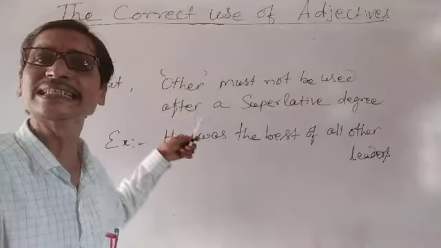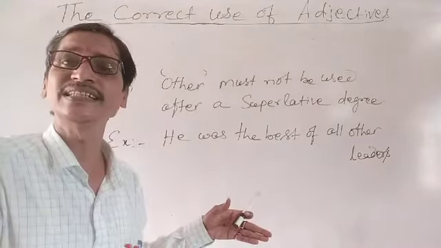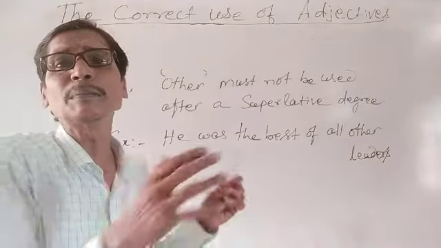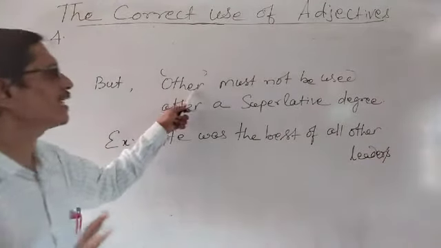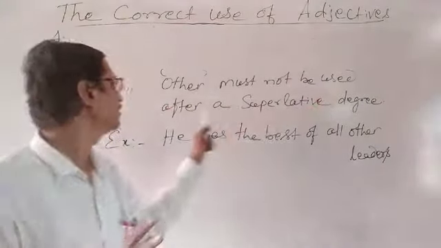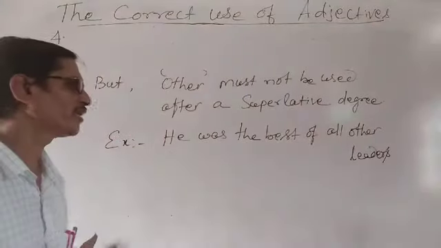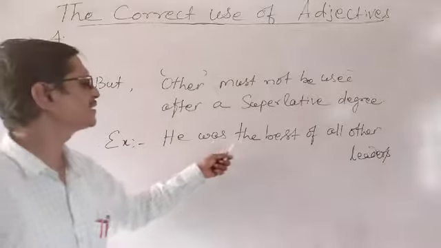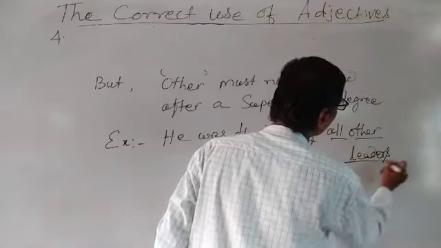Now the thing is that while we are using the superlative degrees, we must not use the word other. Other must not be used after a superlative degree. The example is given over here, you see. He was the best of all other leaders.